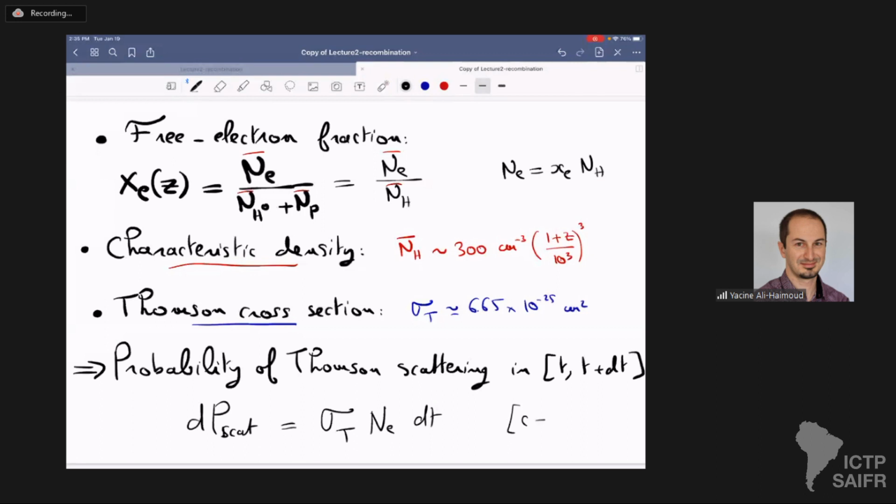And here again, I'm using units in which the speed of light is 1. Let me highlight this. All of these notes will be available much more cleanly written; they are already available on the website.